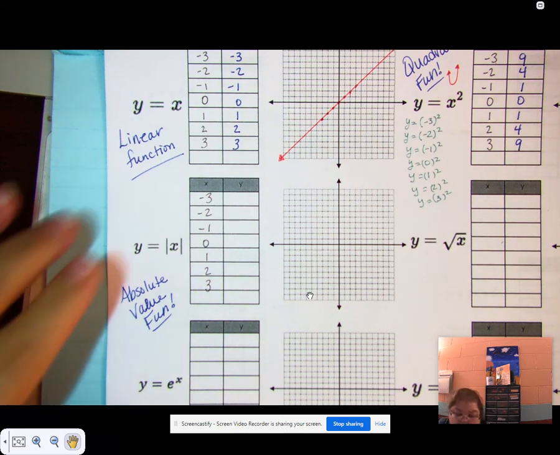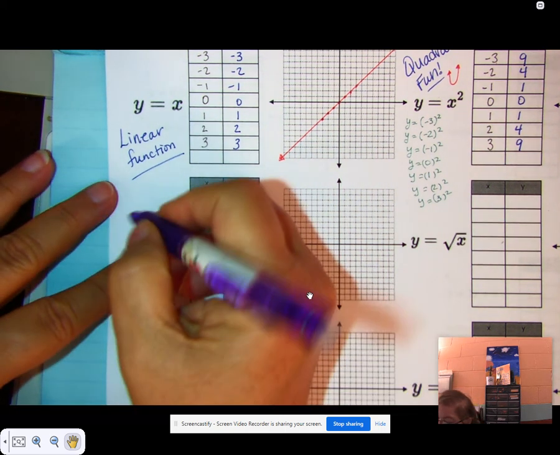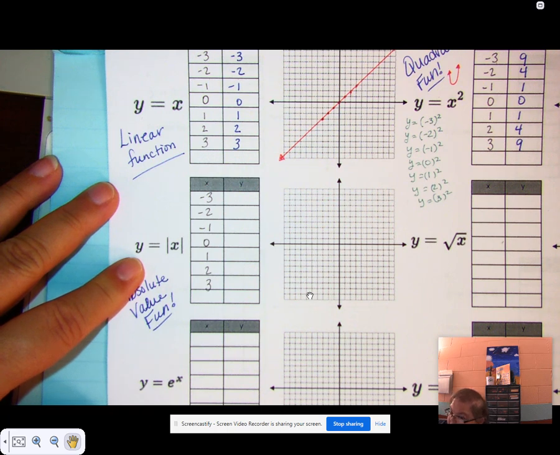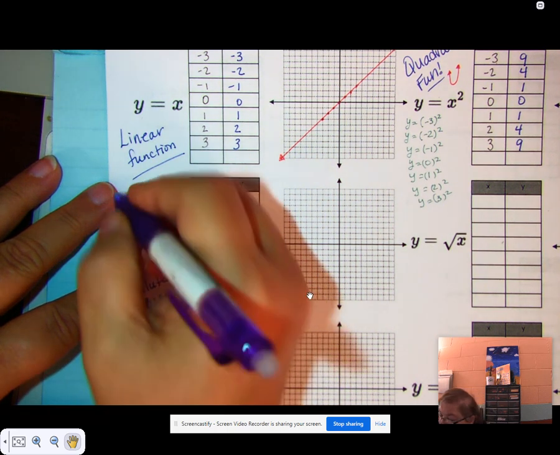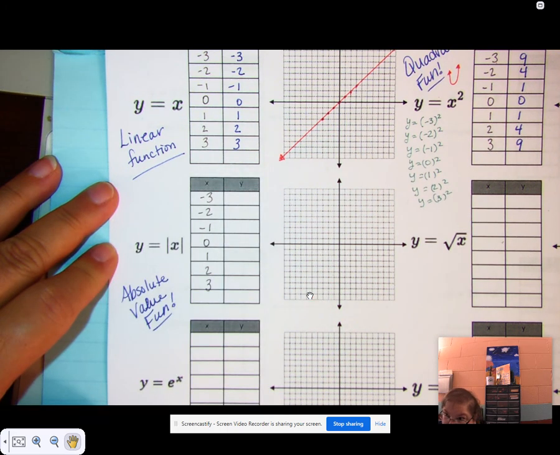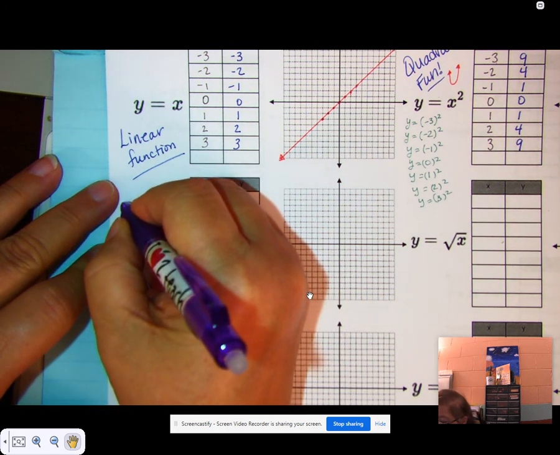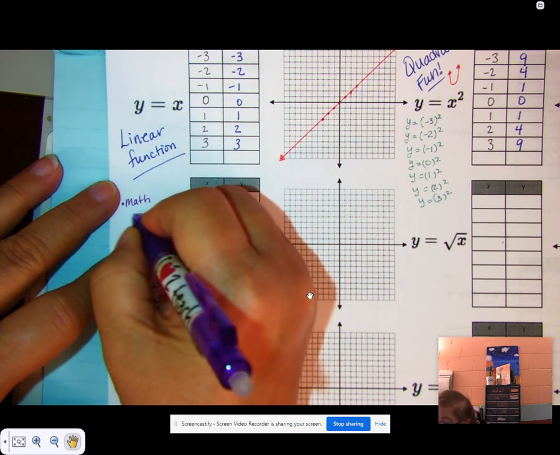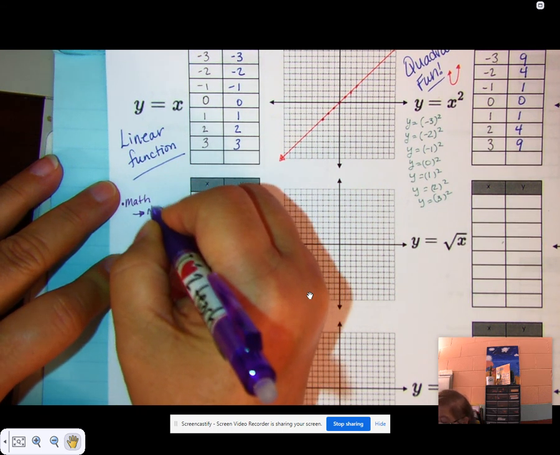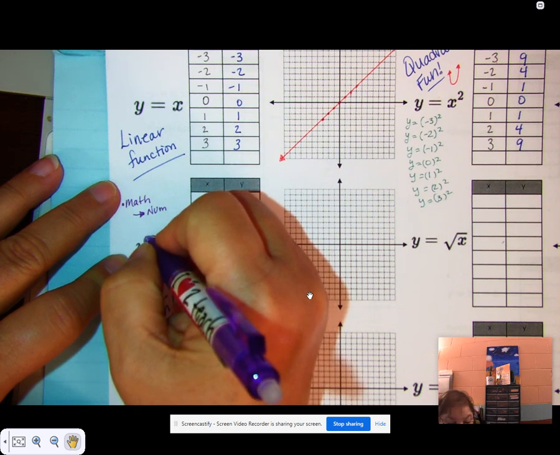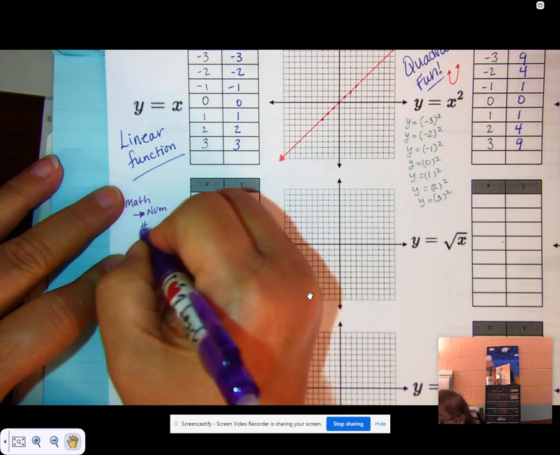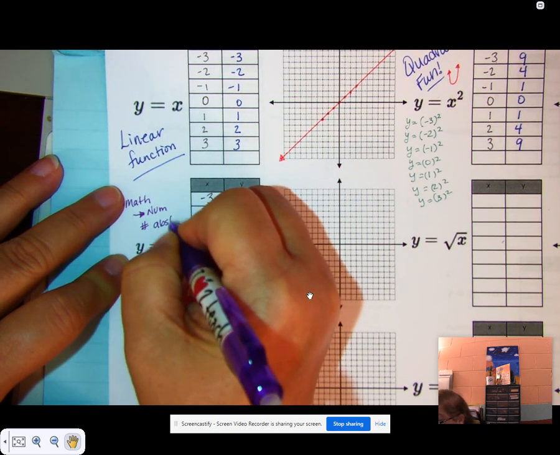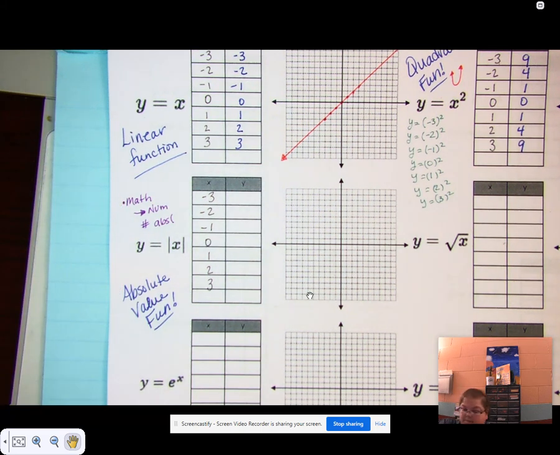On your calculator, you will need your calculator template that I gave you, and we filled that out. Should have done that like day 2, but we're going to go to math, arrow over to numbers, and we're going to choose number 1, that is ABS, just like that. So that's where that is in case you need that.